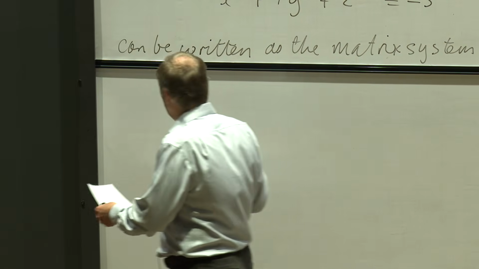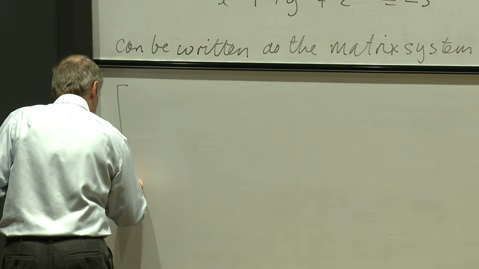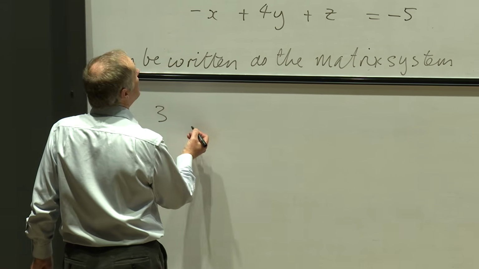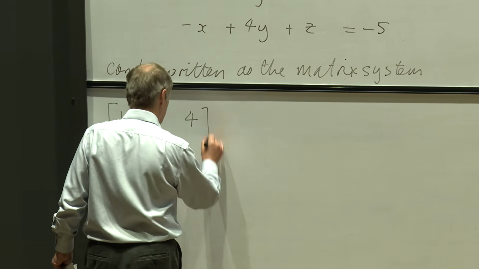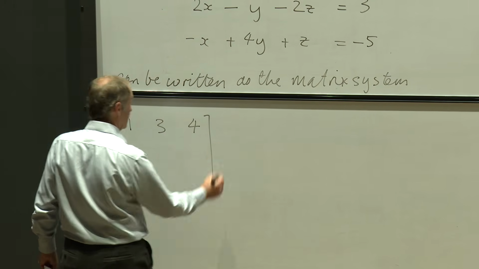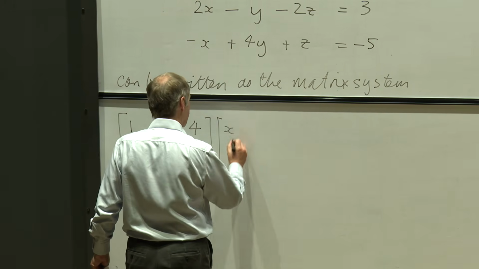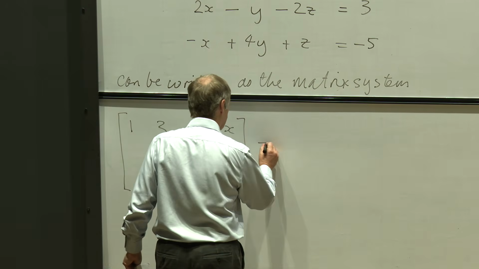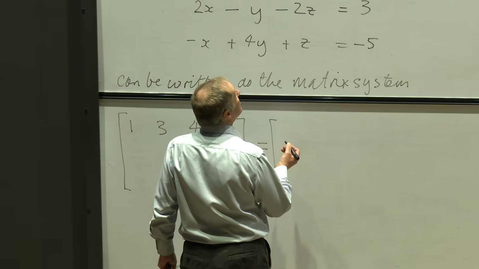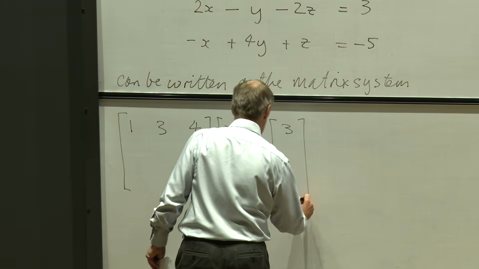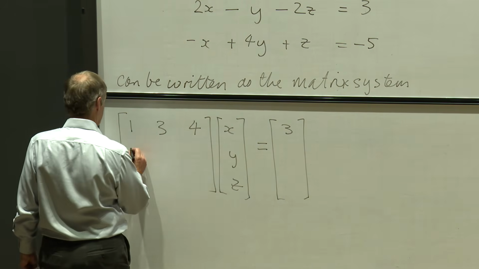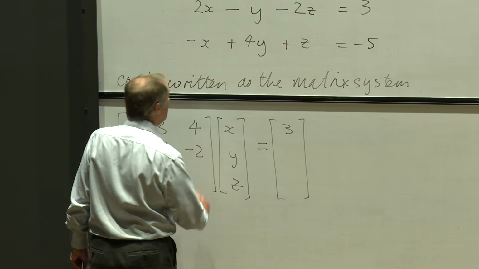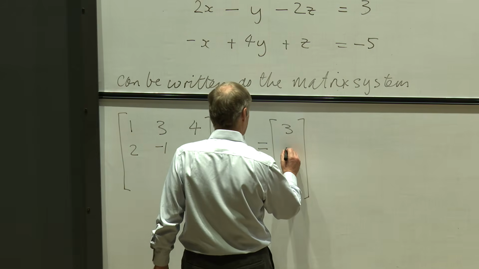And the matrix system would be, well, we put the coefficients in this matrix, so we have 1, 3, 4, to multiply x, y, and z, and that's equal to, the first one is 3, and then the next equation is 2, minus 1, minus 2, is equal to 3.